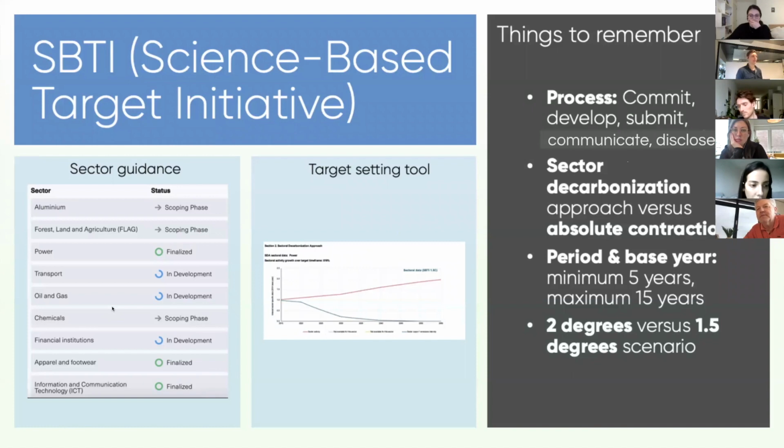And the power sector is a nice sector to start with because it has a pretty simple output, like kilowatt hours, and it's reasonably easy to benchmark. So to set a science-based target, you can really use the sector metrics to set your SBTs.